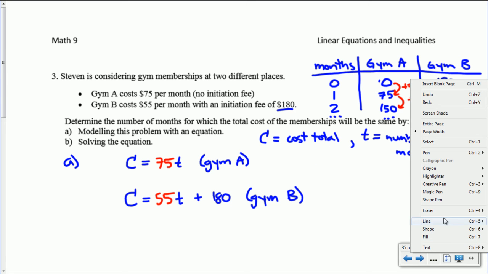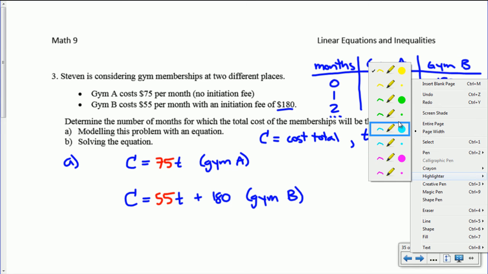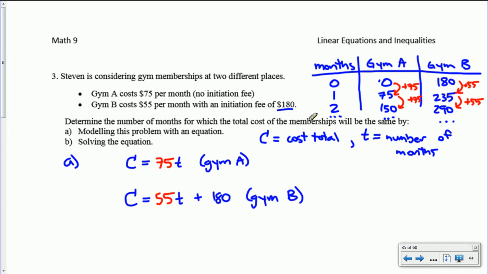And what we need to do is figure out how many months the memberships, the total cost will be the same. So you can see, it's more expensive per month with gym A than gym B, but gym B had that startup cost.